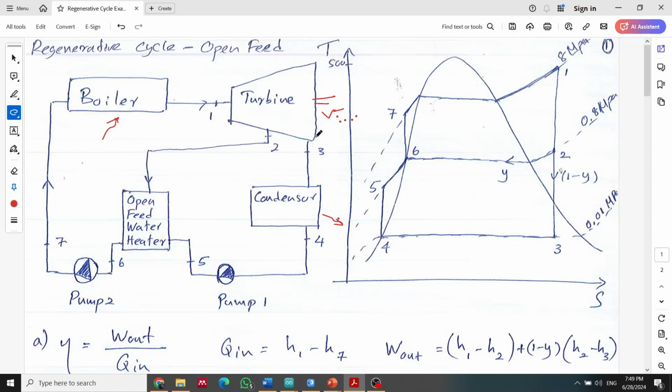So let's map this diagram with our TS diagram. The boiler starts from number 7, heating up all the way to the superheated level.